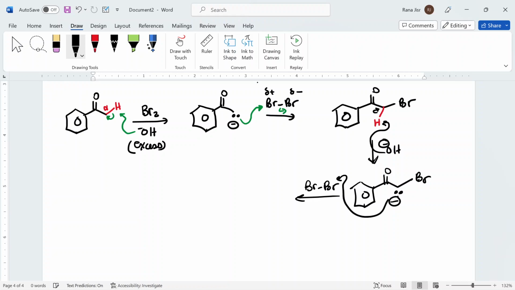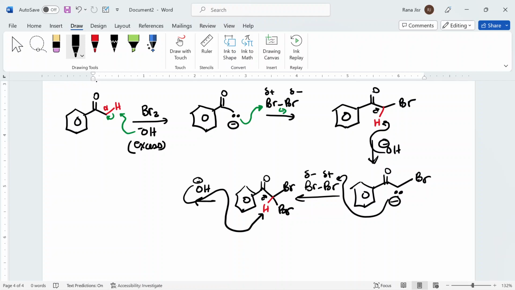And this is going to be partial positive, partial negative. And you are going to brominate the second alpha hydrogen. Now we have our third one. Base is going to attack again. Take that alpha hydrogen, create the enolate.